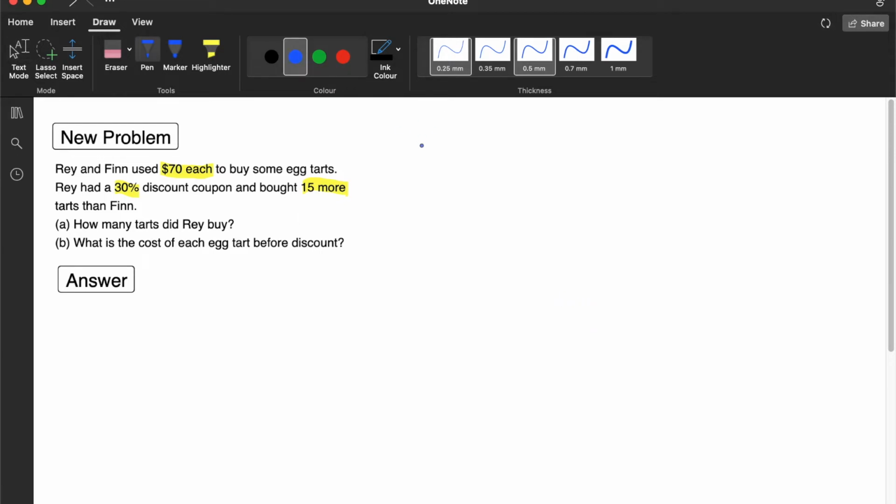So let's consider what is the total cost of egg tarts. Total cost of egg tarts, of course, will be the number of tarts multiplied by the price per tart.